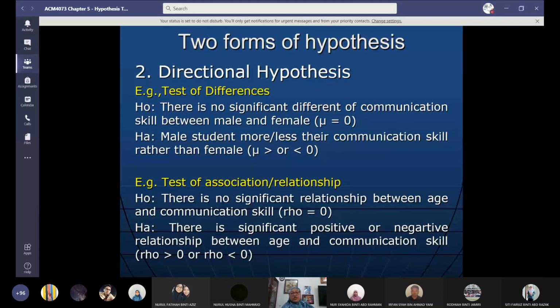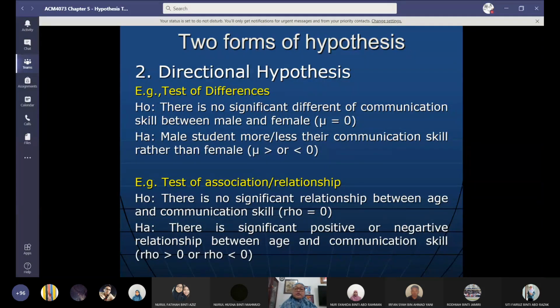Same goes with relationship. The null hypothesis is same, but when we go to alternative, we have to mention that there is significant positive. What type of relationship? Negative or positive? So if it's positive, then you say there is significant positive relationship between age and communication skill.